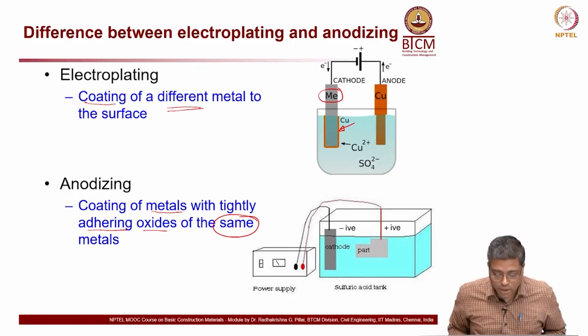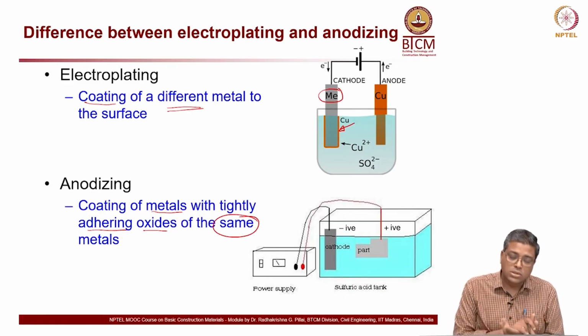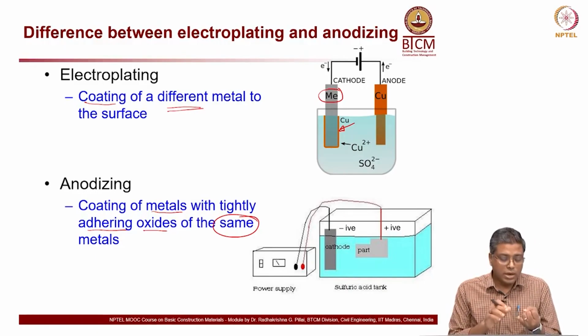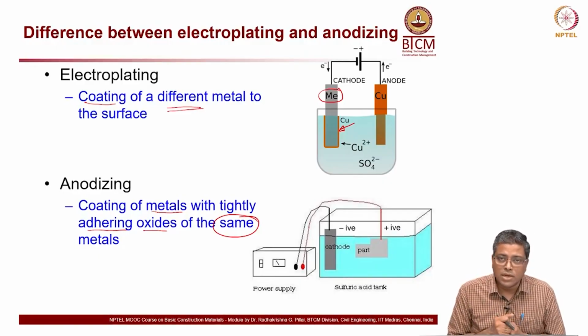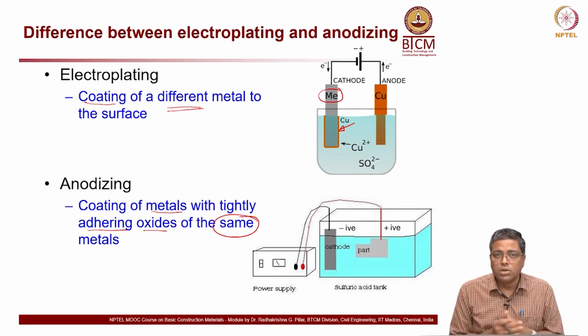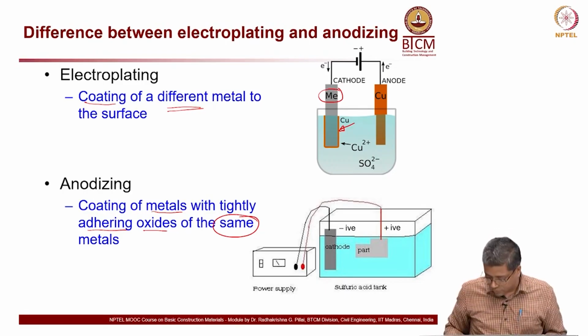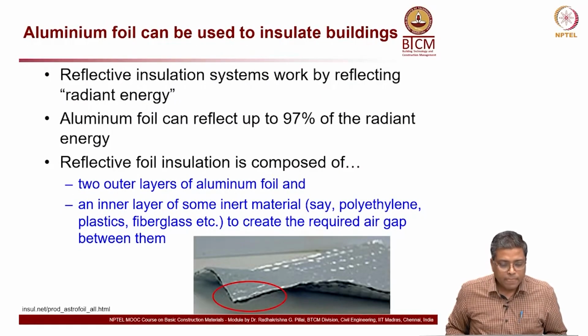So, this is the main difference, and when you do this metal oxide coating, then you change the corrosion properties because its electrical resistivity etc. changes, and that also depends on the property of the oxide layer, but essentially you get a hard and corrosion resistant surface.